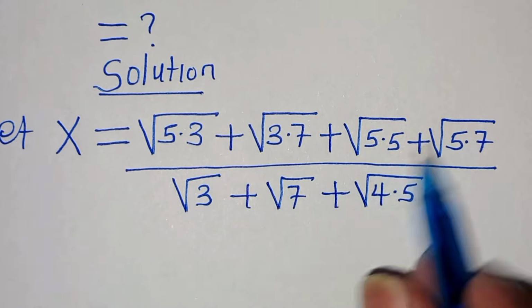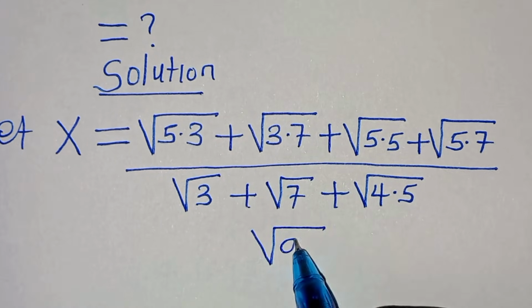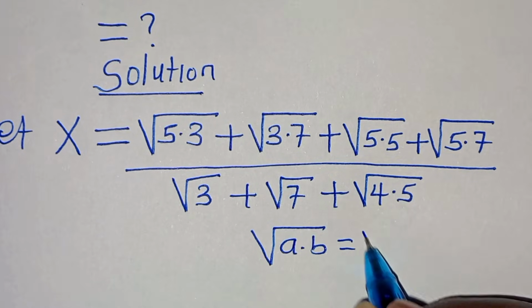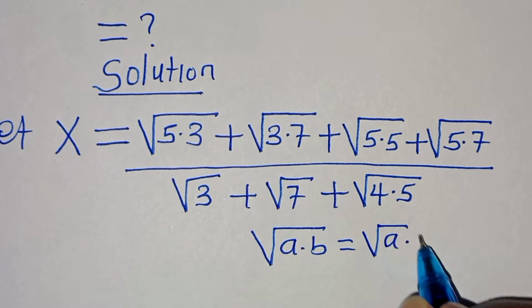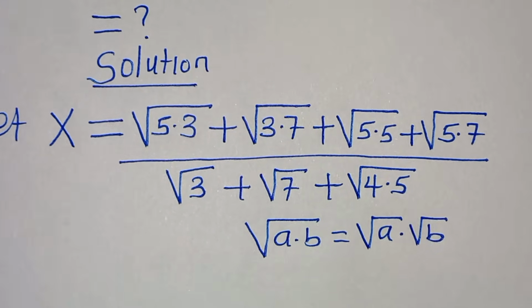Now, this is in the form of square root of a multiplied by b, which we can express as square root of a multiplied by square root of b.